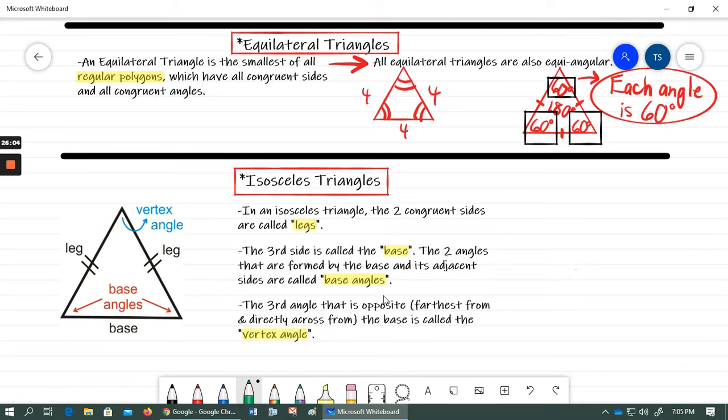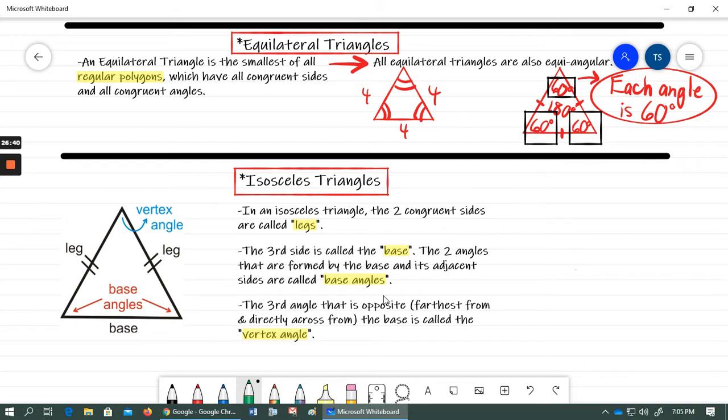So, folks, next we're going to look at a theorem that is used to describe the base angles, or really it's called the base angles theorem. But again, it's a theorem that is very specific to isosceles triangles, because as far as I know, we don't have base angles in other types of triangles.